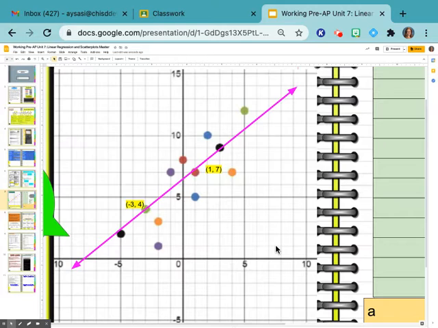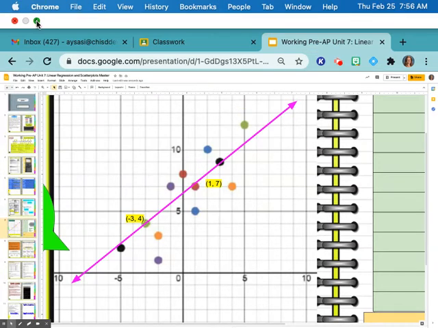So now, how can we find the equation of that line using our calculator? Just like we did yesterday.